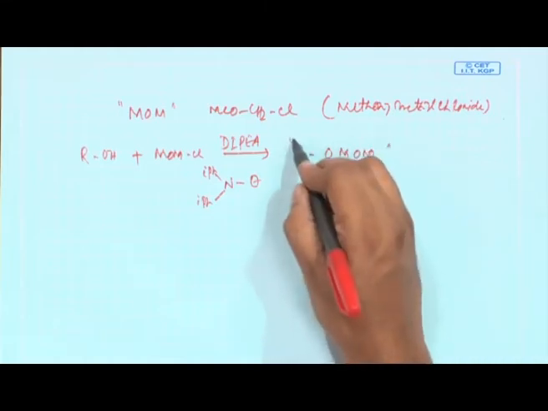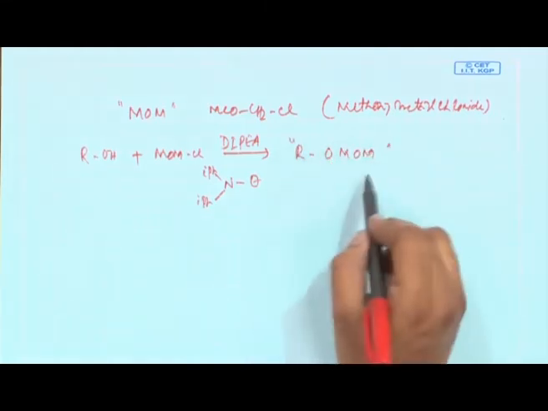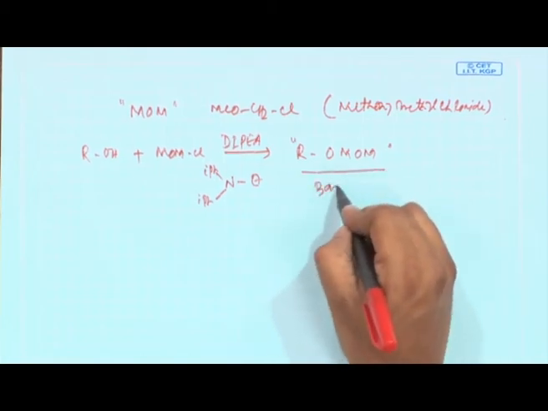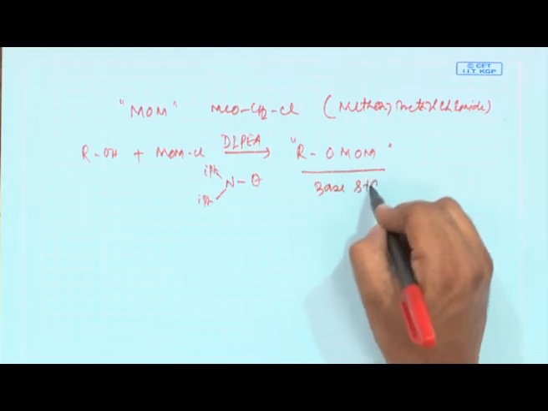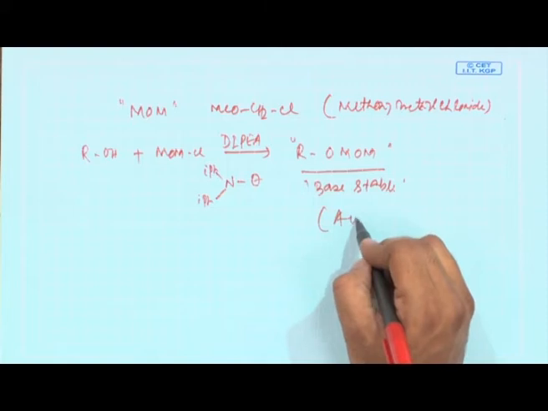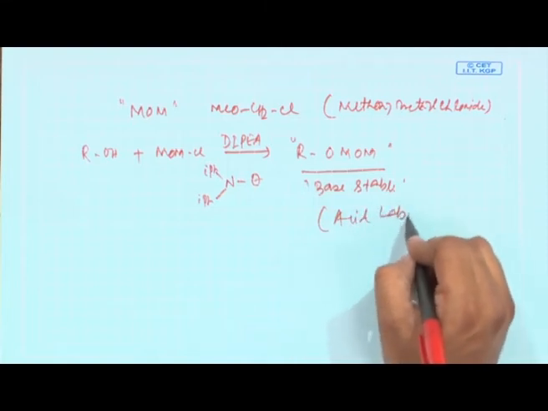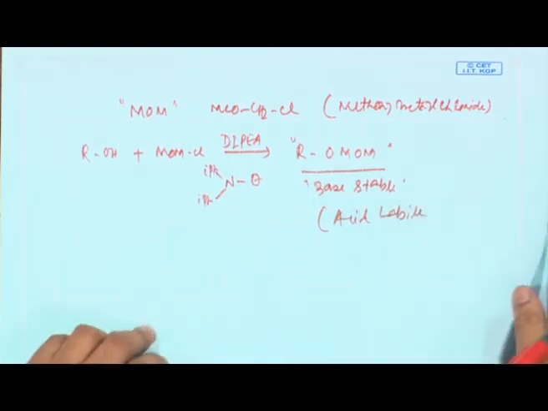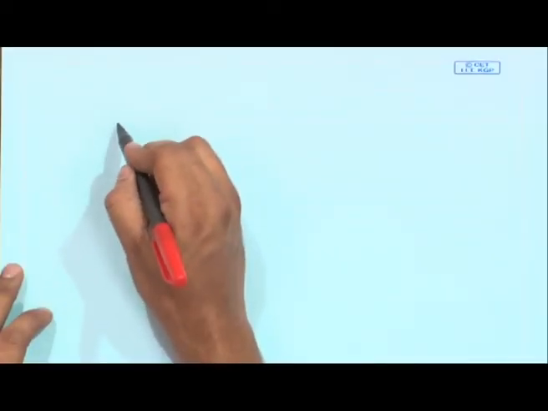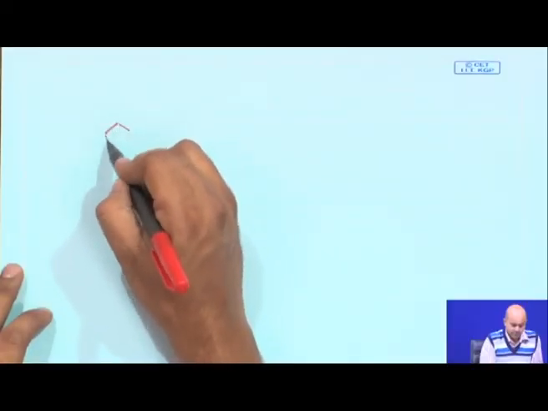MOM ethers are exceptionally stable in base, but they are very labile in acid. They are base stable, but acid labile. So, next we will discuss a similar kind of problem where you can use this particular concept.